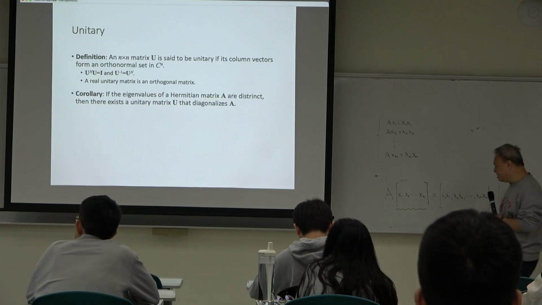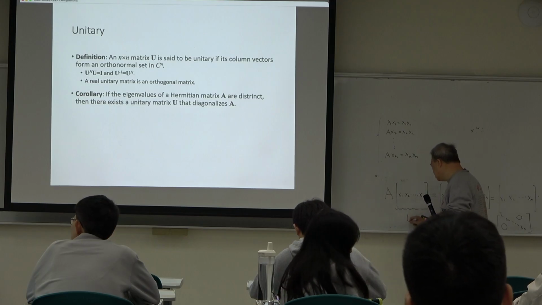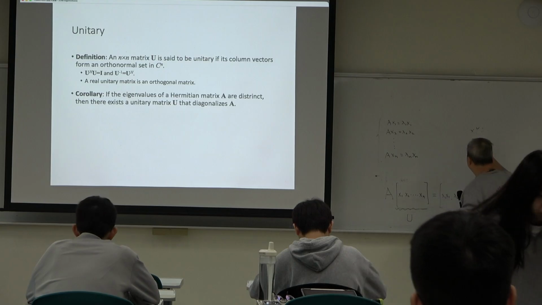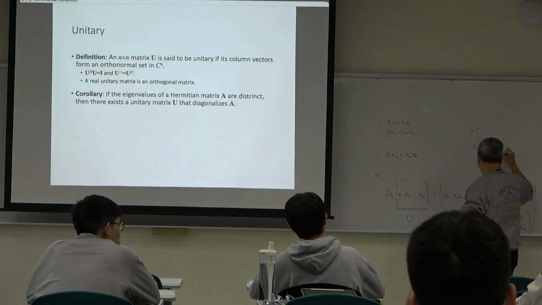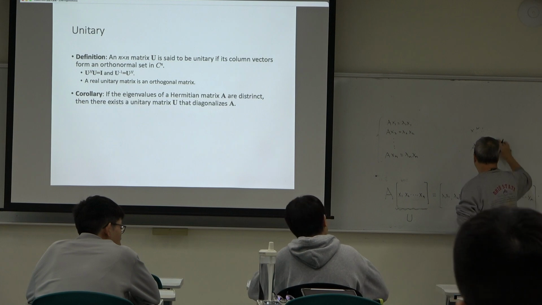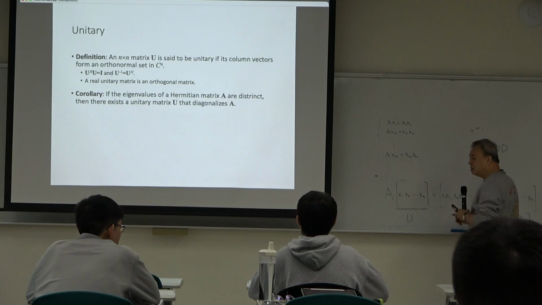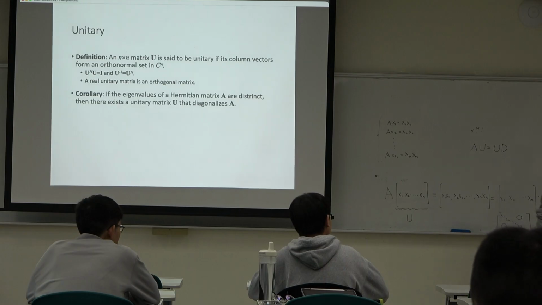So if we let this one be U, we just wrote A U equal to, sorry, U D. We just wrote this, where the diagonal matrix is this one. This is our D.